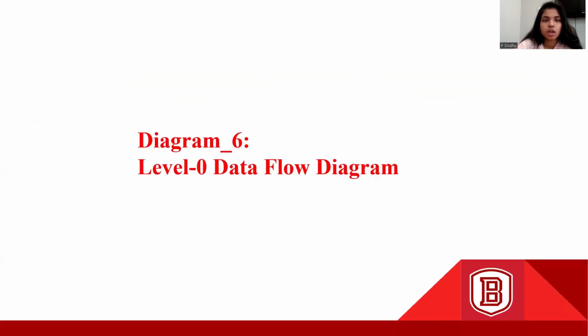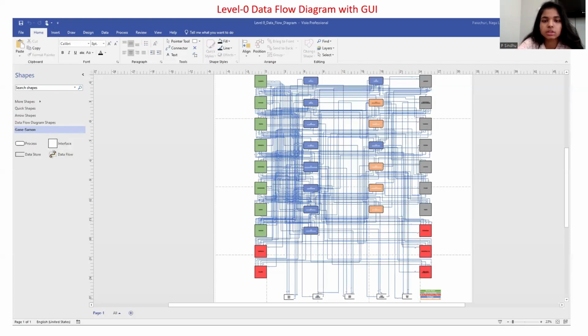Coming to the sixth one, it's the Level 0 data flow diagram, which shows the interaction between the systems and entities with detailing of internal processing. Each class object is represented as a rectangle, with arrows indicating the data flow between them.